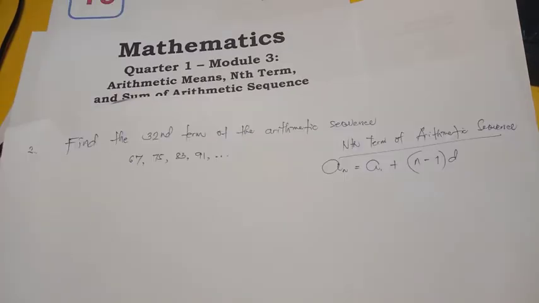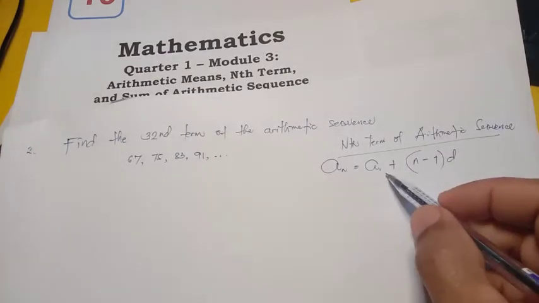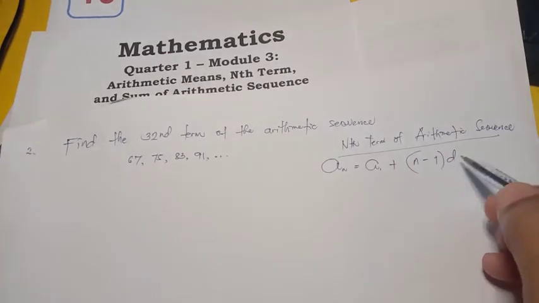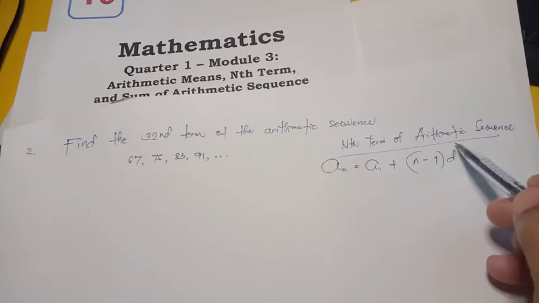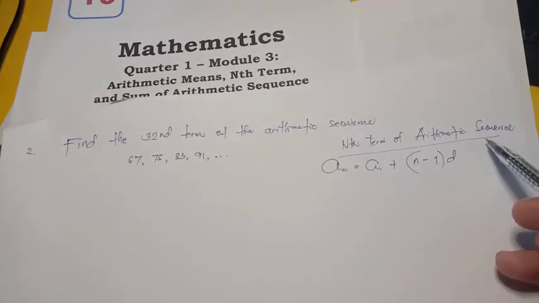Next is, paano ba kunin ang nth term? Nth term ng arithmetic sequence gamit ang a sub n equals a sub 1 plus n minus 1 times d. That is the nth term of the arithmetic sequence.